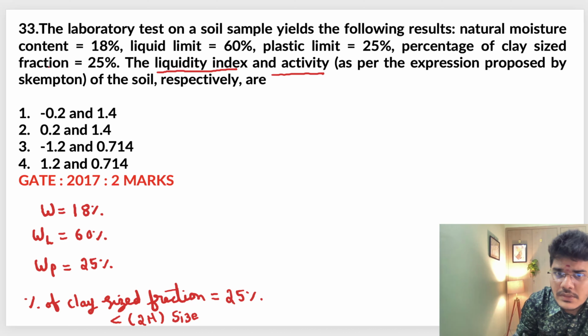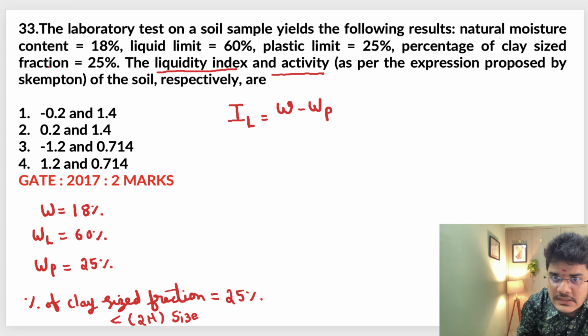Okay, first liquidity index, we know the formula. I suffix L is equal to natural water content minus plastic limit divided by W L minus W P, that will be nothing but the plasticity index.